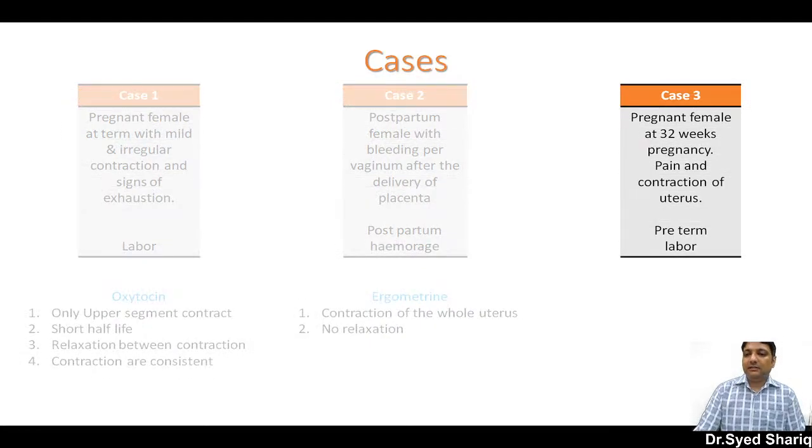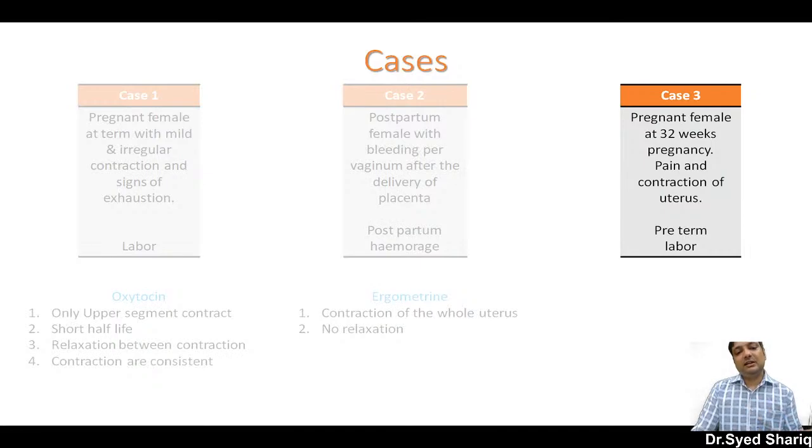Now let's take on the third case. We have a pregnant female at 32 weeks of pregnancy. Pain and contraction of the uterus are happening, and therefore you know that the patient is now in preterm labor. You want to delay this labor at least till 36 weeks of pregnancy. What do you want to give to this patient?